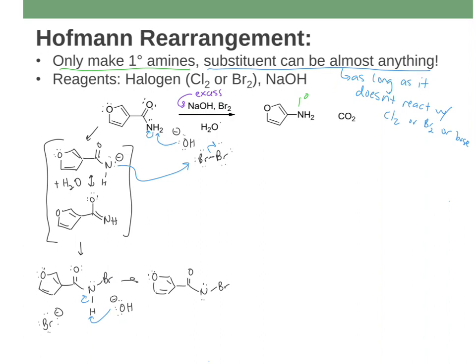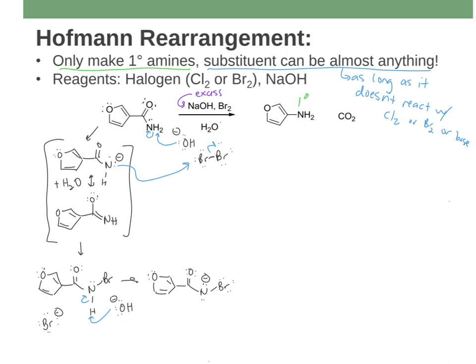And now here's a super weird step. This is why I wanted to show you this, so that you're aware that these things exist and they're not totally unreasonable intermediates. What's believed to happen here is that the bromine, oh, sorry, I forgot a negative charge. The nitrogen's negative, resonance stabilized, but negative.